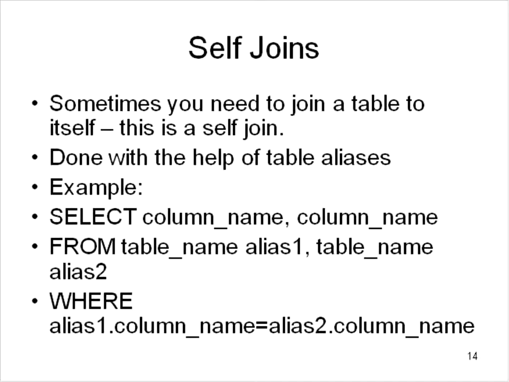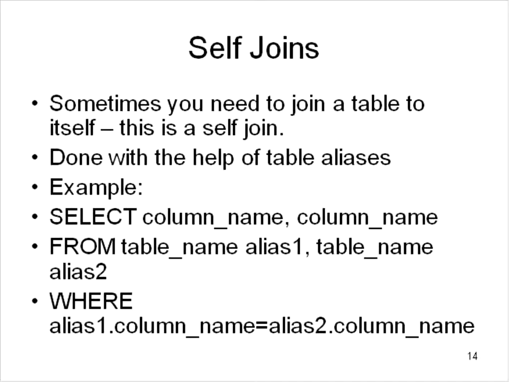Okay, so self-join. I know you think this is kind of funny. What is a self-join? I just told you that the definition of a join is where you join, say, one table to another, so it would be like you're joining table A to table B. So what is a self-join? A self-join is when you need to join a table to itself.